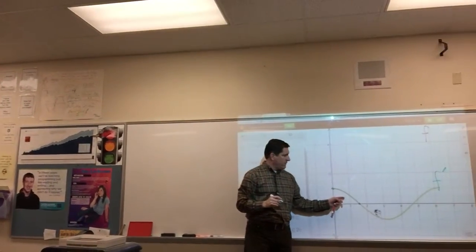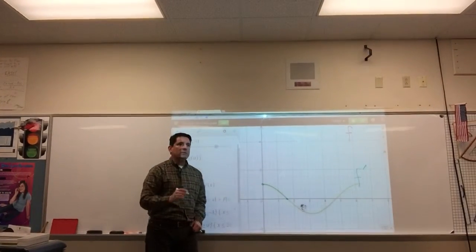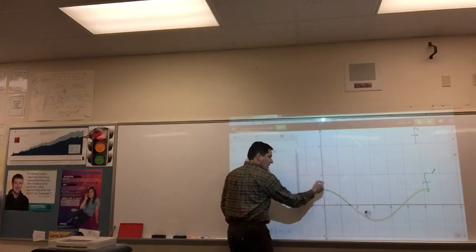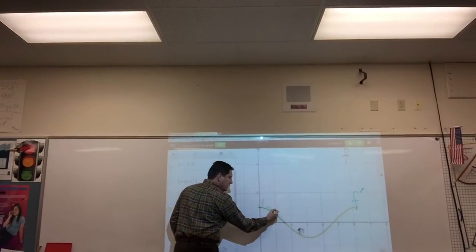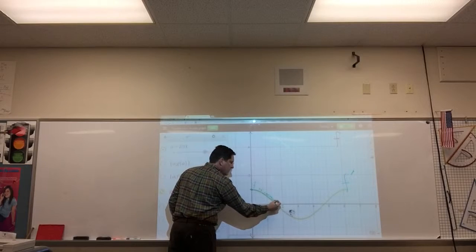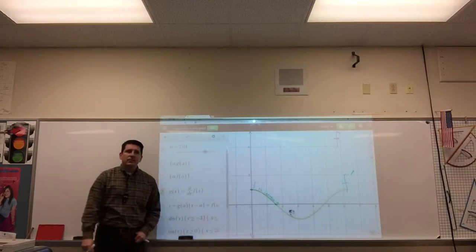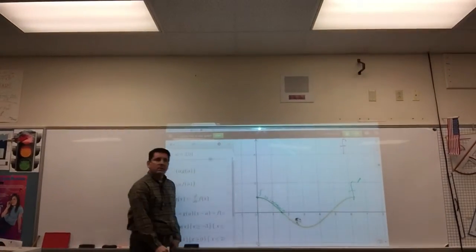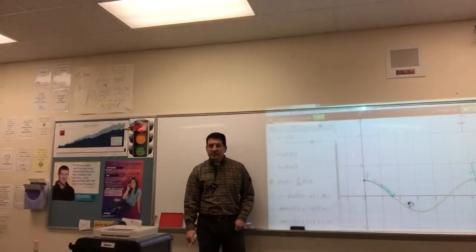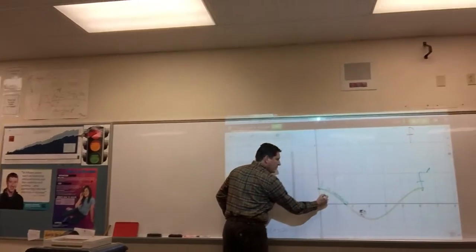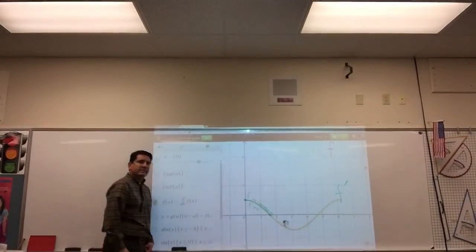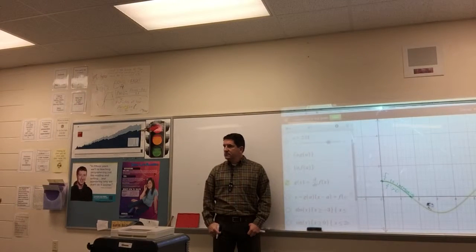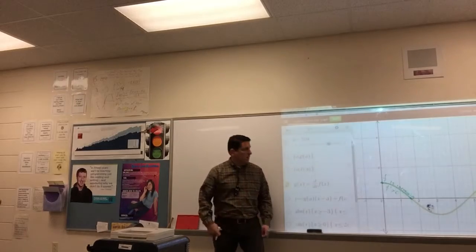Because this is the derivative, the slope is positive, so tell me about what's going on with the function. F, we say, is increasing. The function is increasing on the interval from here to here. And the reason why it's increasing is because f prime is positive. Look at over here.